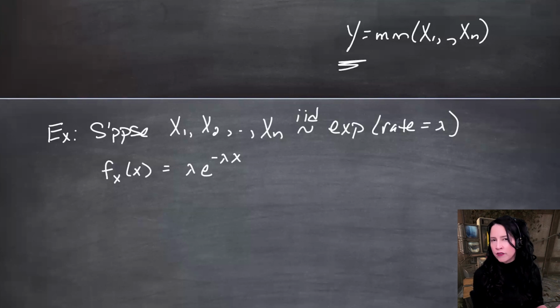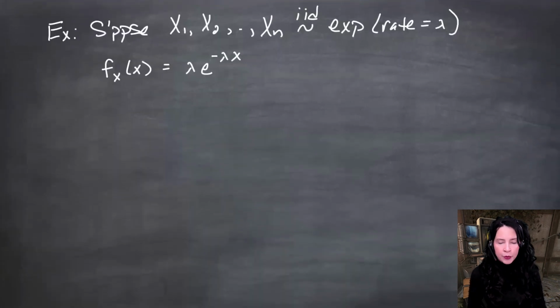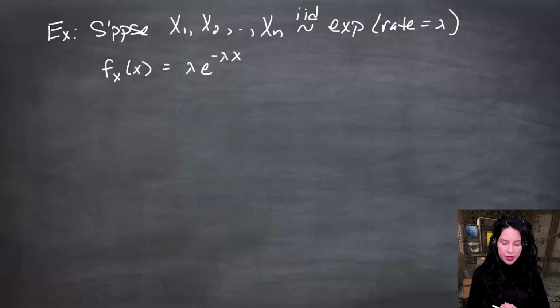So if all the x's are from 0 to infinity, y can be anywhere from 0 to infinity. It's likely closer to 0 because it's always the smallest one in a group, but there's no upper bound for y. So I'm going to leave the indicators off here, but you have to stick it on in the end when trying to name the distribution of this minimum.